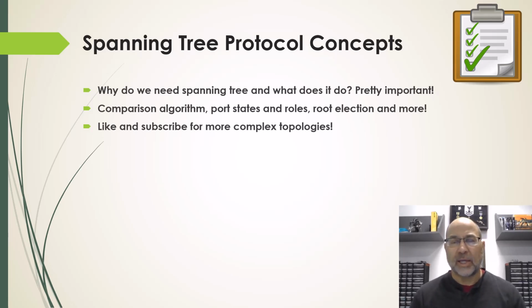We talked about that, so it's pretty important. It saves us from our own mistakes and from problems in the network. We also talked about the comparison algorithm. How do we decide who is the root? How do we decide who is going to block? Port states and rules, and then all of the phases. And then we went over what's in a BPDU and how we can change things.